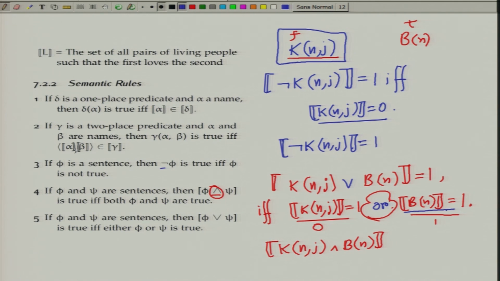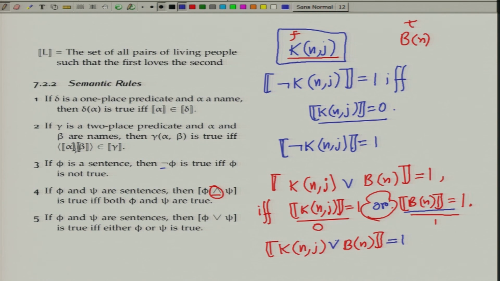Because this is true, we can say that this entire sentence will therefore be true. So we see that K n j and B n is a false sentence, but K n j or B n is a true sentence. I forgot to replace this also; I have to write or here.